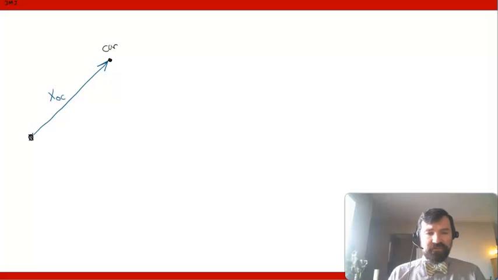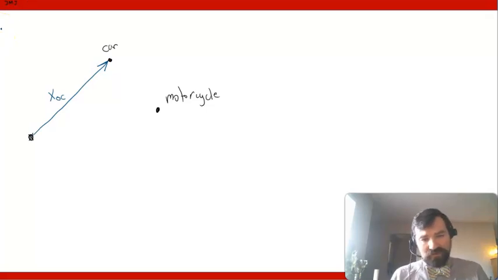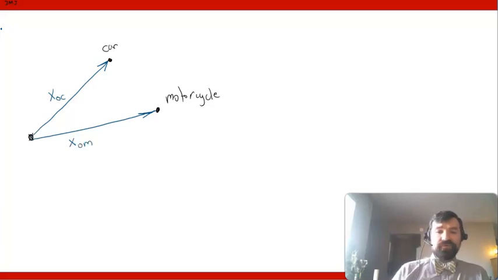And now maybe over here somewhere else there happens to be a motorcycle. The displacement from the origin to that motorcycle would be represented by this vector right here. So we could call this XOM. Now this origin point was in some sense arbitrarily chosen.